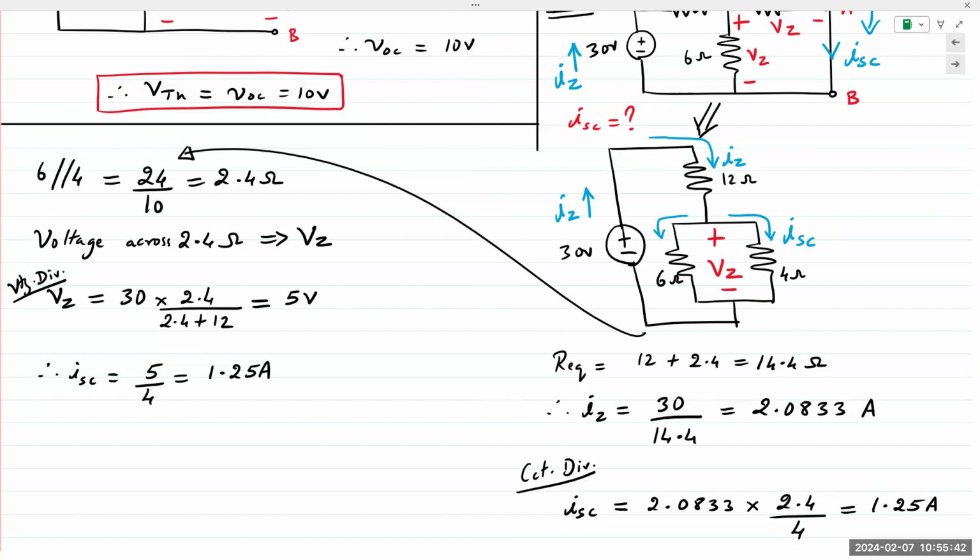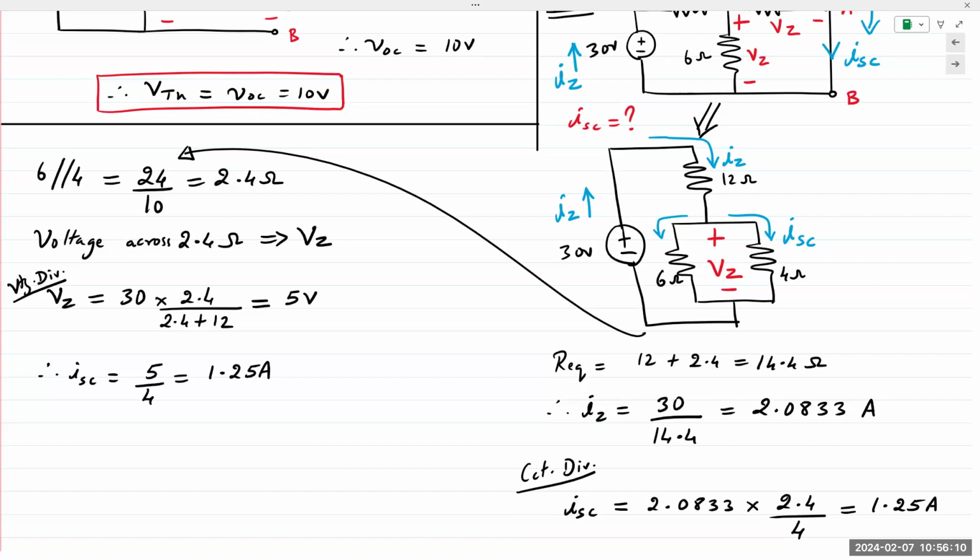You apply multiple ways to solve the same problem and see if you get the same answer every time. That's why I always tell students, like a solved example in class, whether it's for mesh current or superposition or node voltage, you practice it multiple times with all three methods because you already know the answer. So you practice and practice and practice again and see if you can arrive at the right answer or not.